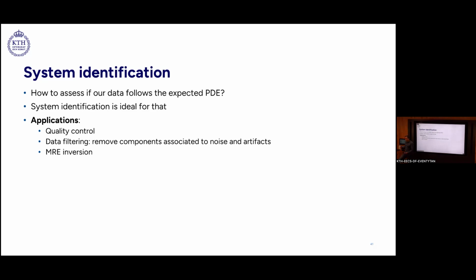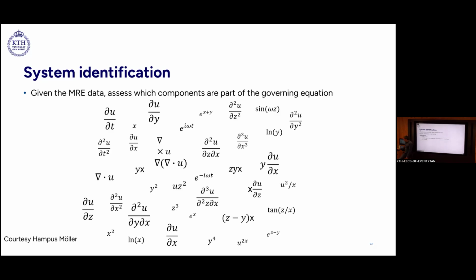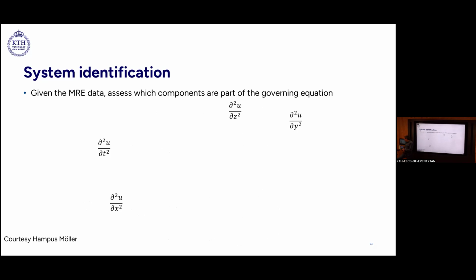If it's following the expected PDE, then it's good quality of the data, for example. Or you can even use that as an inversion method. How it works is that you have a library of possible components of the governing equation. And then basically what you do is some magic to say, okay, these are the most important ones.